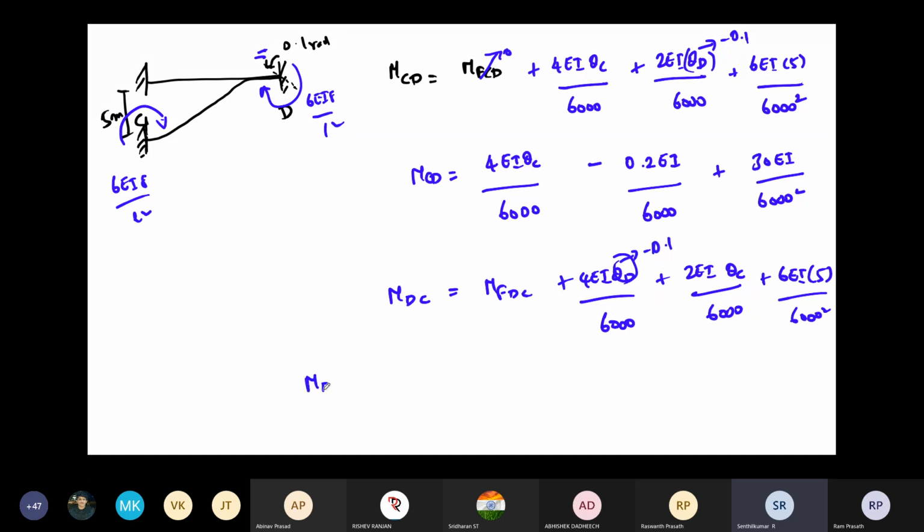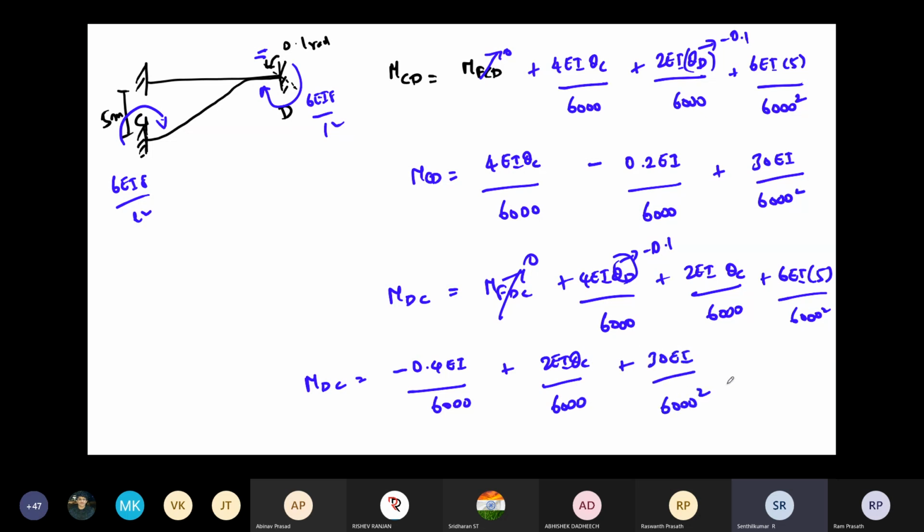So M_DC will be equal to, the fixed end moment is 0, you know that, then minus 0.4EI by 6000 plus 2EIθ_C by 6000 plus 30EI by 6000². So these are the things.